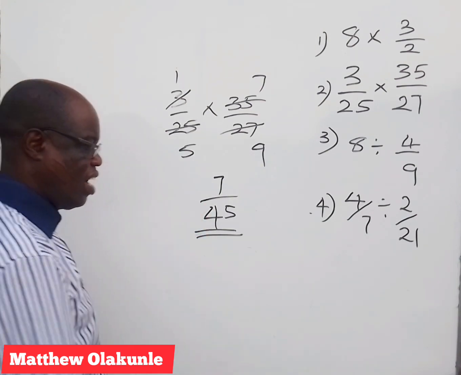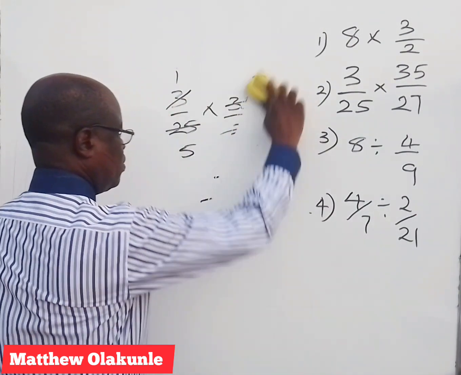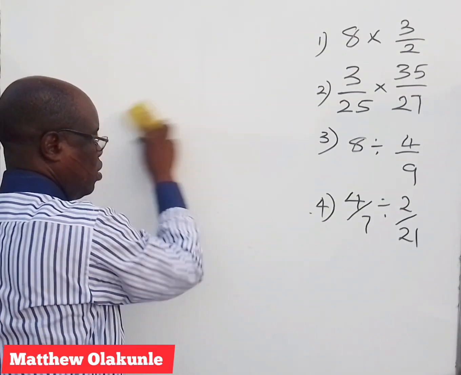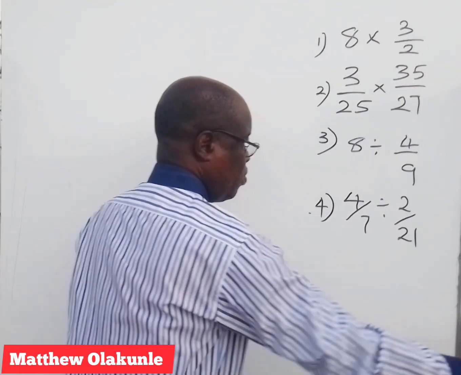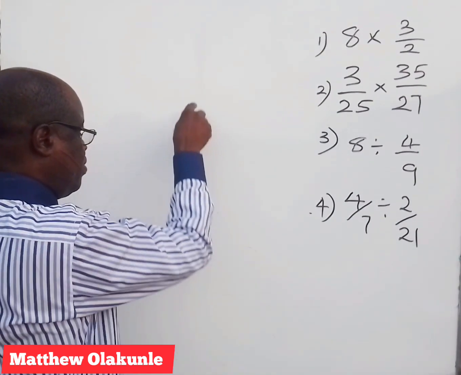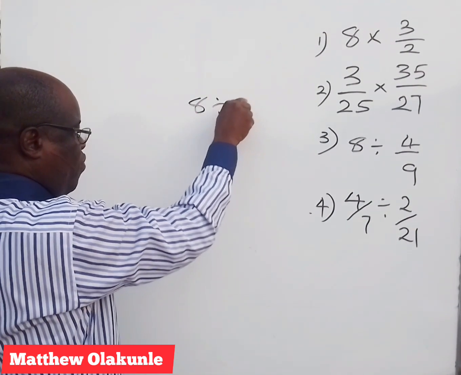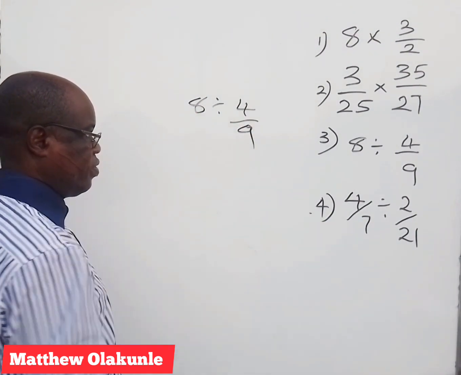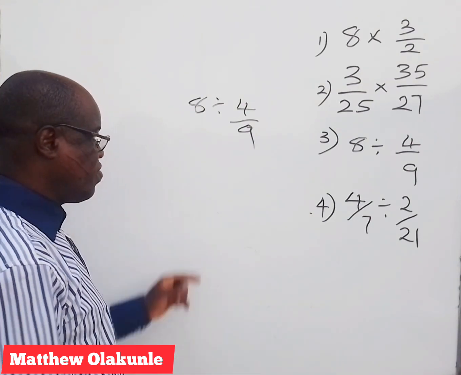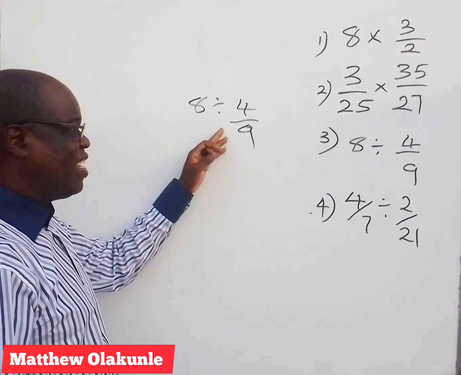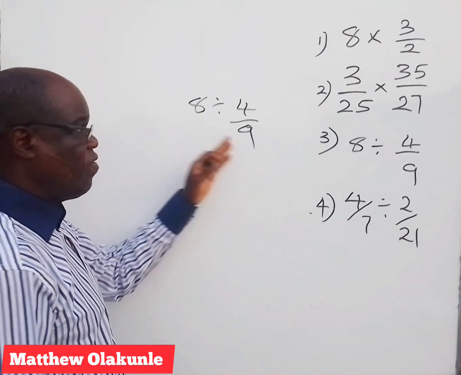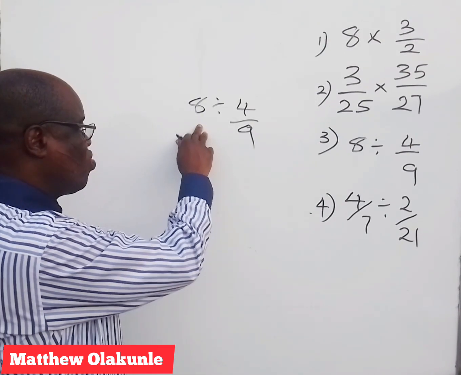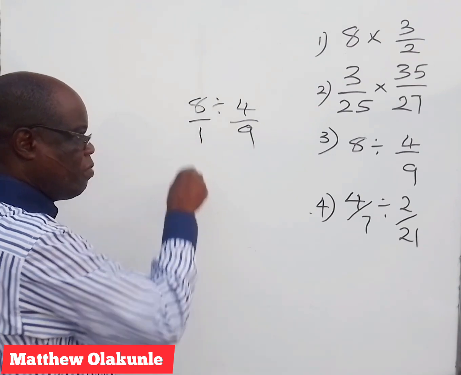Now let's look at the division part. We want to divide 8 by 4 over 9. In this case, the first thing is that you make this whole number look like a fraction by dividing by 1.